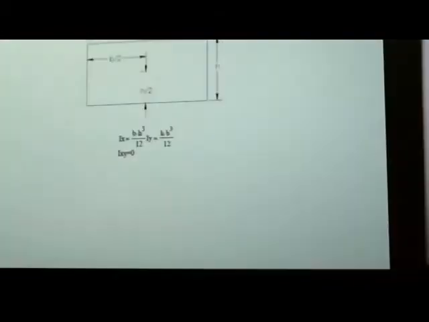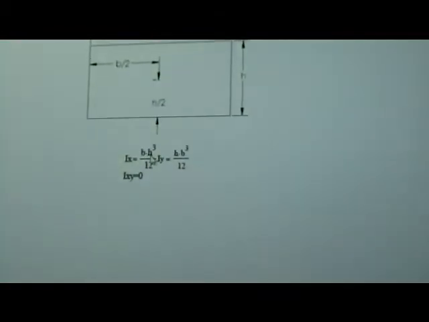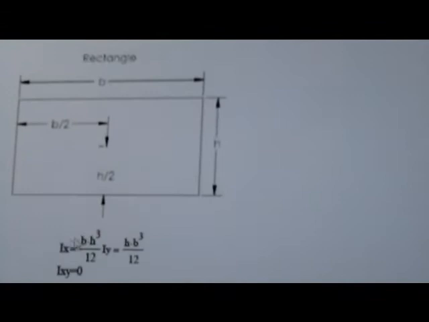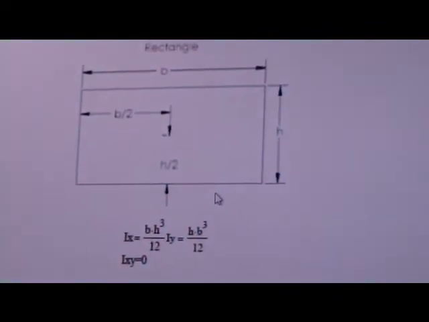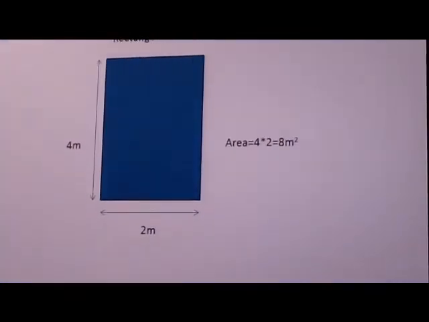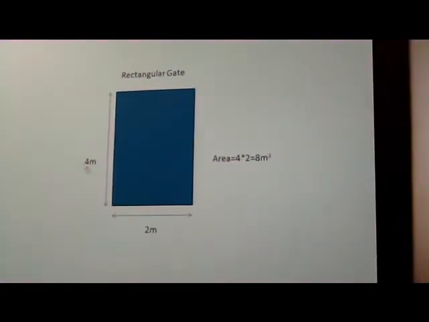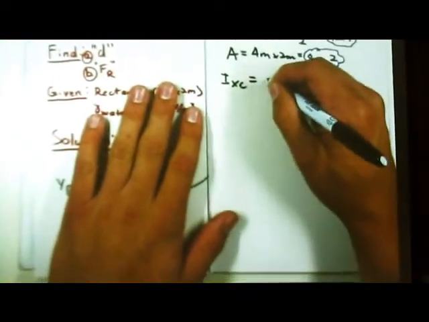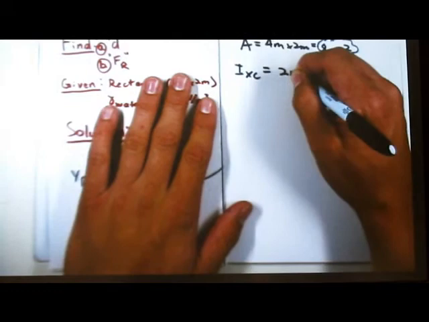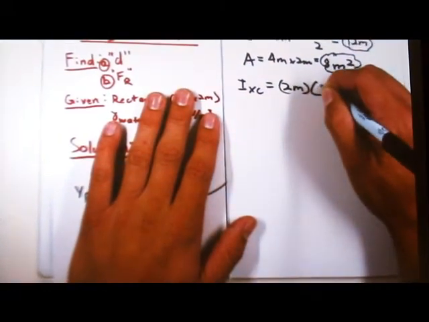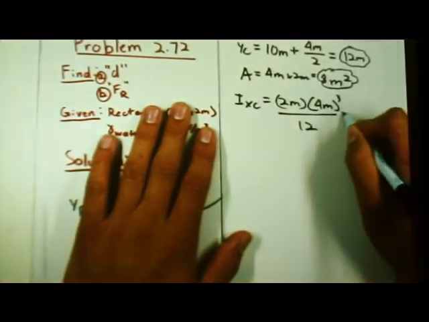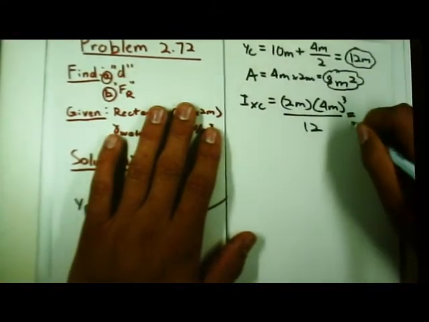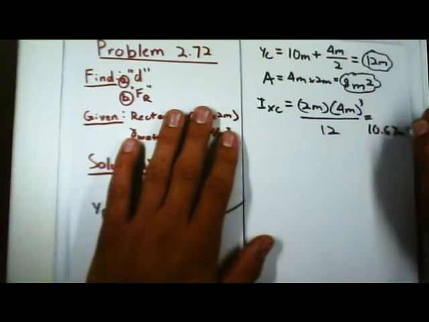For a rectangular gate, it's B times H cubed over 12, B being the base of the rectangle and H being the height. From our rectangle, B is equal to 2 and H is equal to 4. So we just plug in: I_XC equals 2 meters times 4 meters cubed, divided by 12. The answer is 10.67 meters to the 4th.